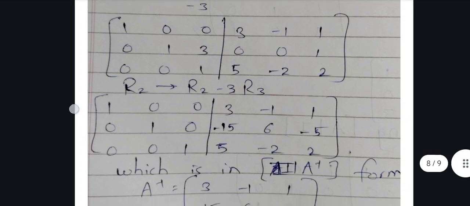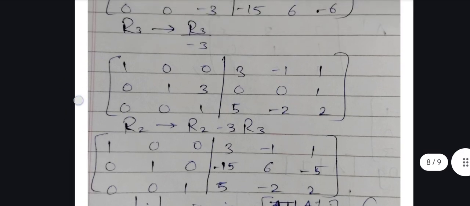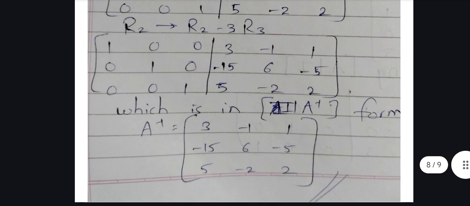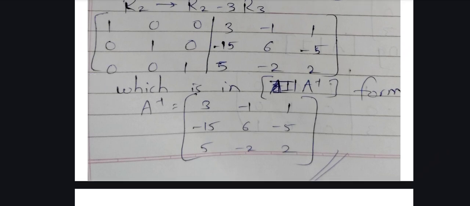Now we make a little more changes, that is R2 implies R2 minus 3R1. Finally we have got the identity matrix on the left side, that is 1 0 0, 0 1 0, 0 0 1, and on the right hand side we have got a new matrix which is nothing but our A inverse by using the Gauss-Jordan method, which is in IA form, that is the identity matrix and A inverse form.